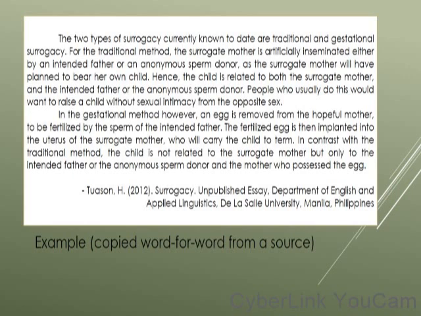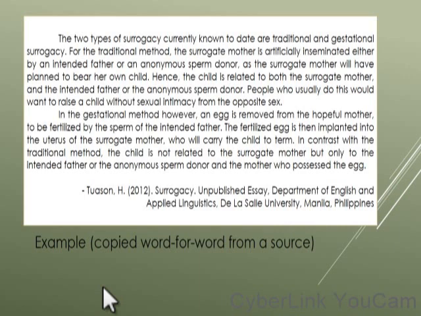Here, the example. This is the text that I presented to you a while ago, the first text. Again, I'm going to read this. The two types of surrogacy currently known today are traditional and gestational surrogacy.